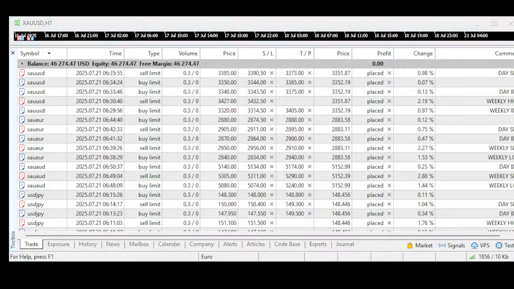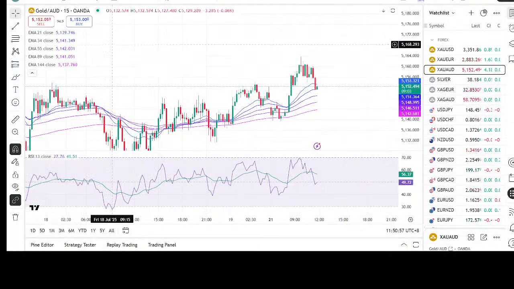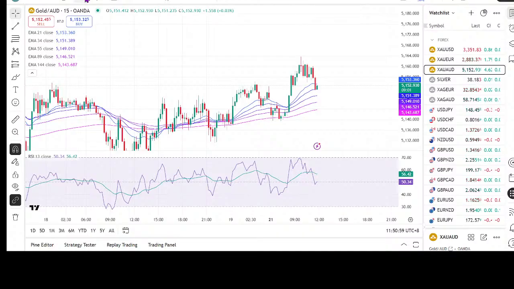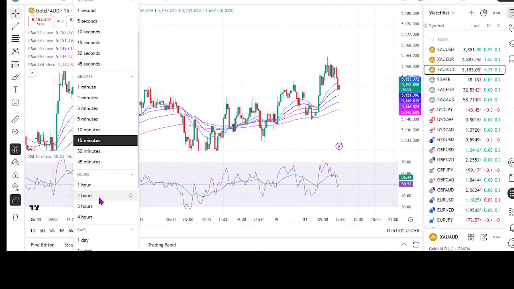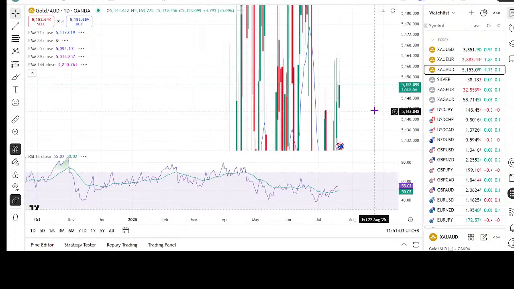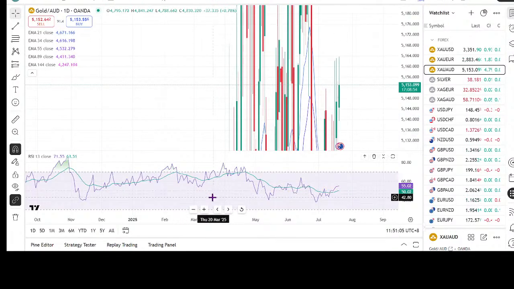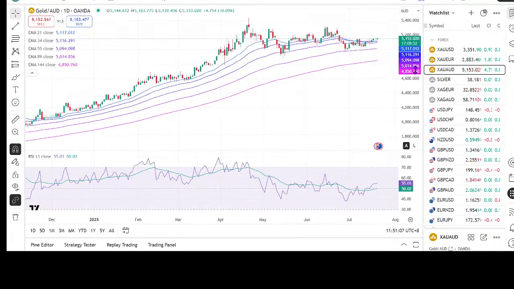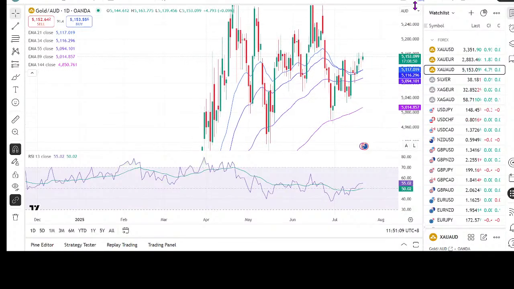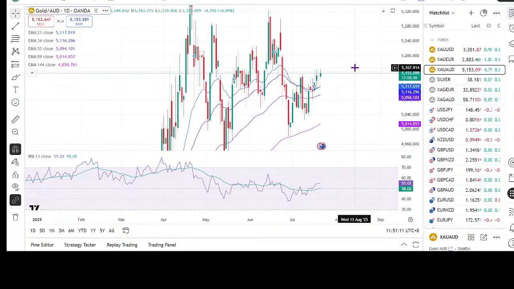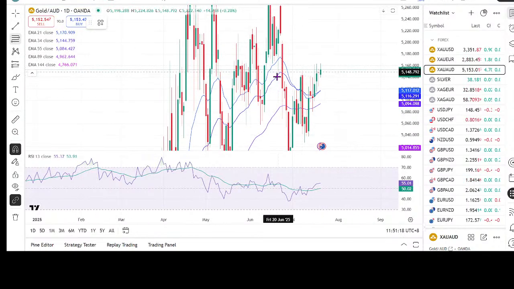Then we have a day sell. Okay, the day sell we are looking for either extension of this or 5200. Okay, either one.